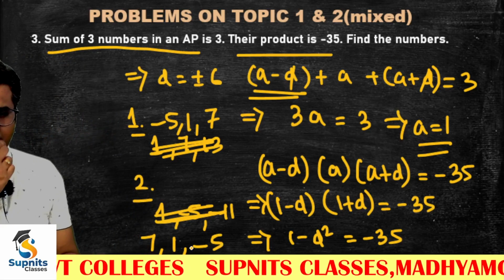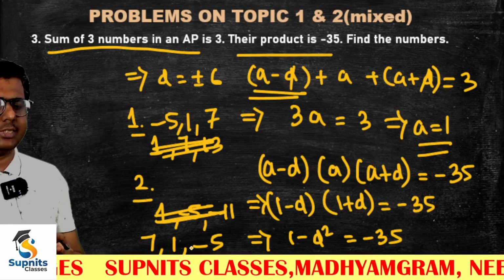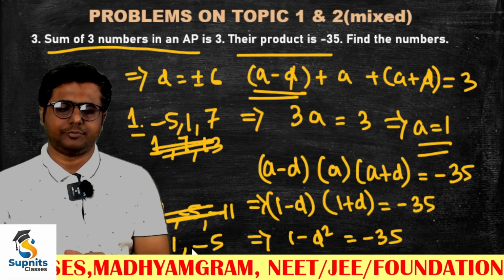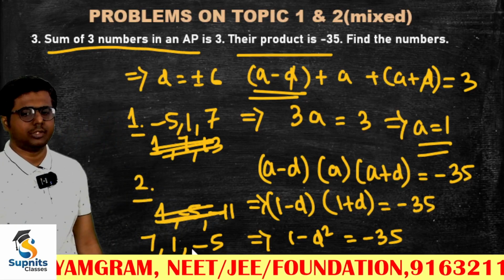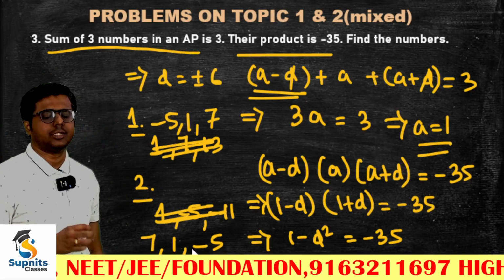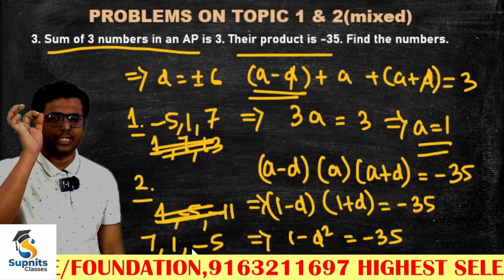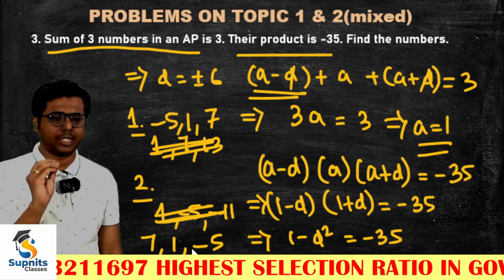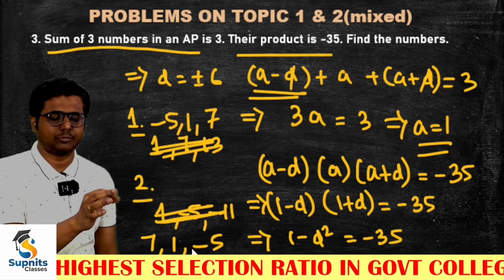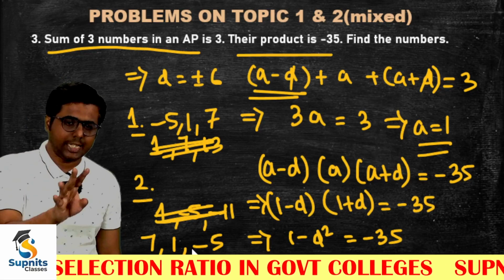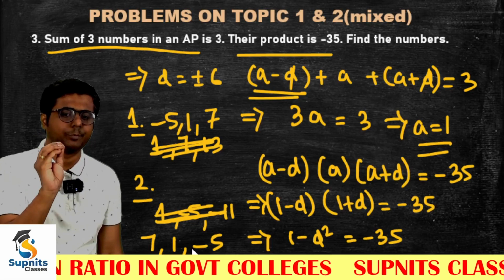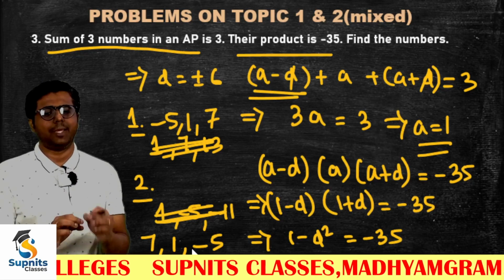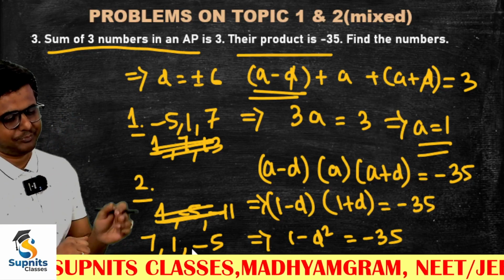So there are two cases, one is minus 5, 1 and 7, the other one is basically the reverse of that. In both the cases the product is minus 35, and that is very important. So do check your answer like I did, whether the product is matching or not, because many a time we may make similar mistakes.